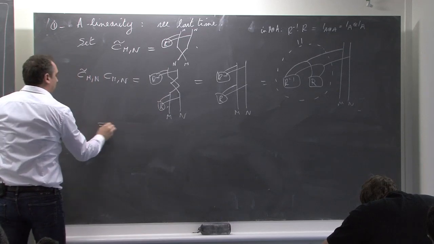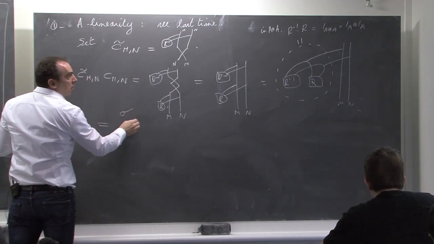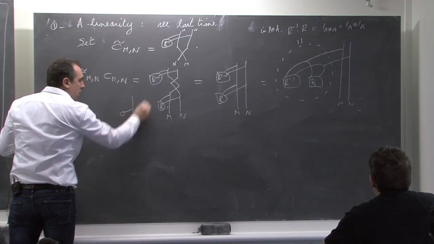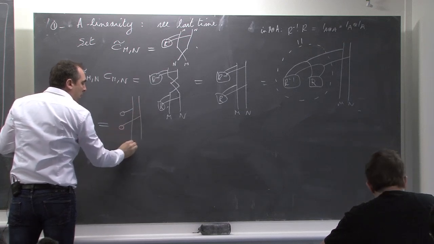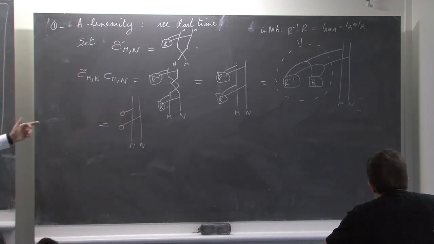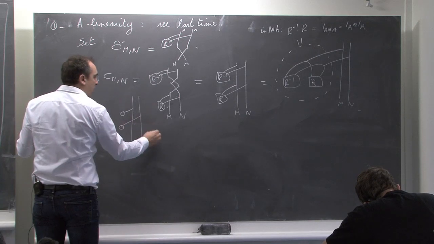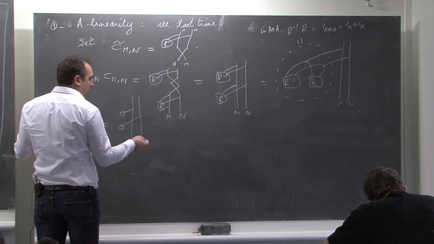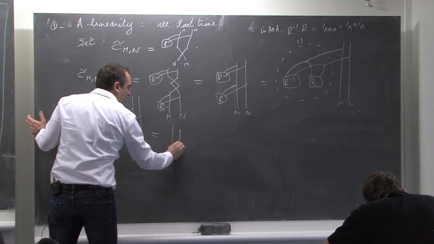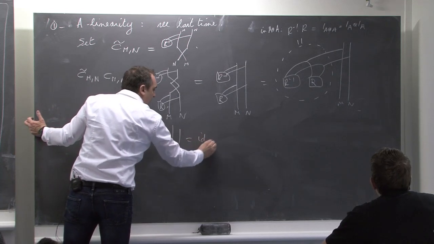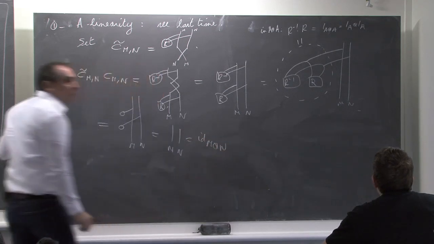So this is equal to M_n, since the unit acts as the identity, so it is the identity of M tensor... Okay.